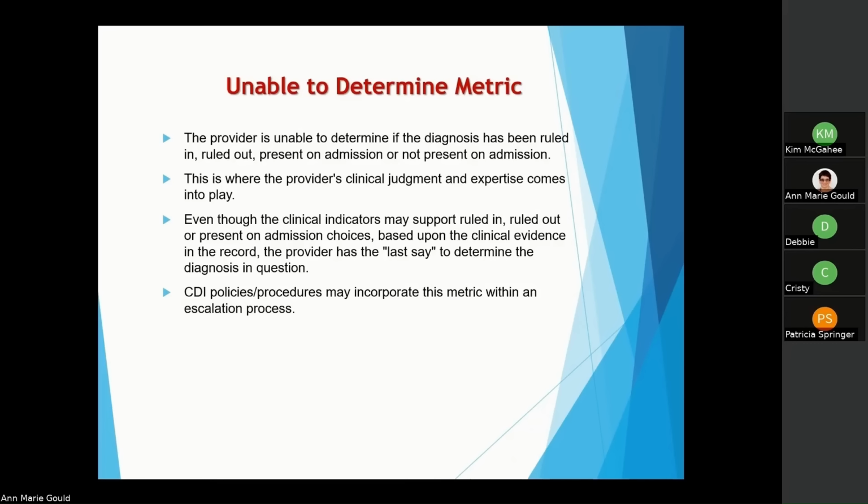So he says it could be present on admission, but he's really not sure, but the septic shock didn't occur until during the stay. That's where you have your iffy. That's why you want to leave it up to your provider to clarify that for you. And if they say they're not sure if it's present on admission or not, that's okay. They're doing the best they can with the information they have.